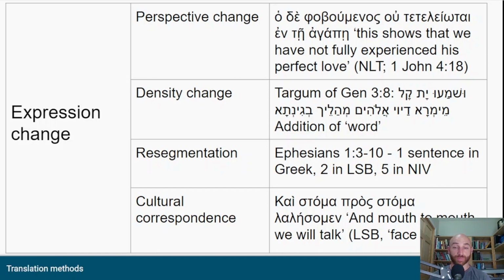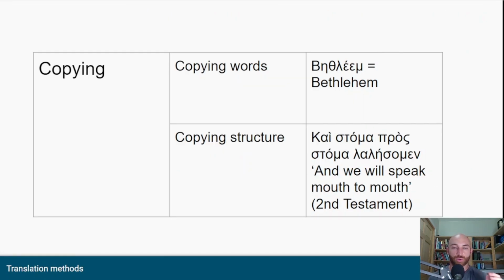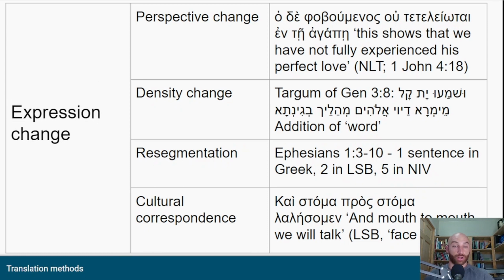And then finally, cultural correspondence. So I mentioned that copying structure could be taking one idiom and literally just copying word for word what that idiom says into the other language, even if it doesn't make very much sense. Like, "and we will speak mouth to mouth." You could also do cultural correspondence. We don't have that idiom. So the LSB, again a very literal translation, translates it as "face to face."